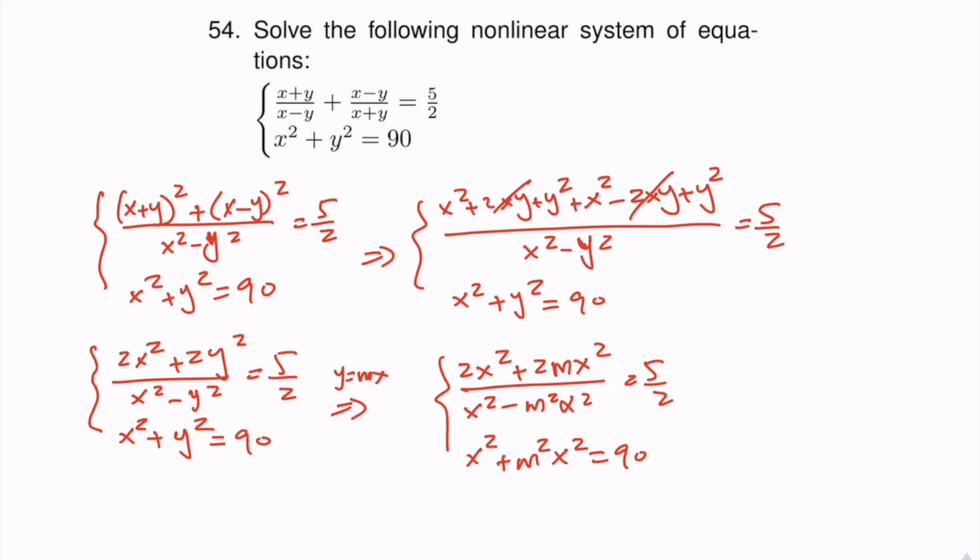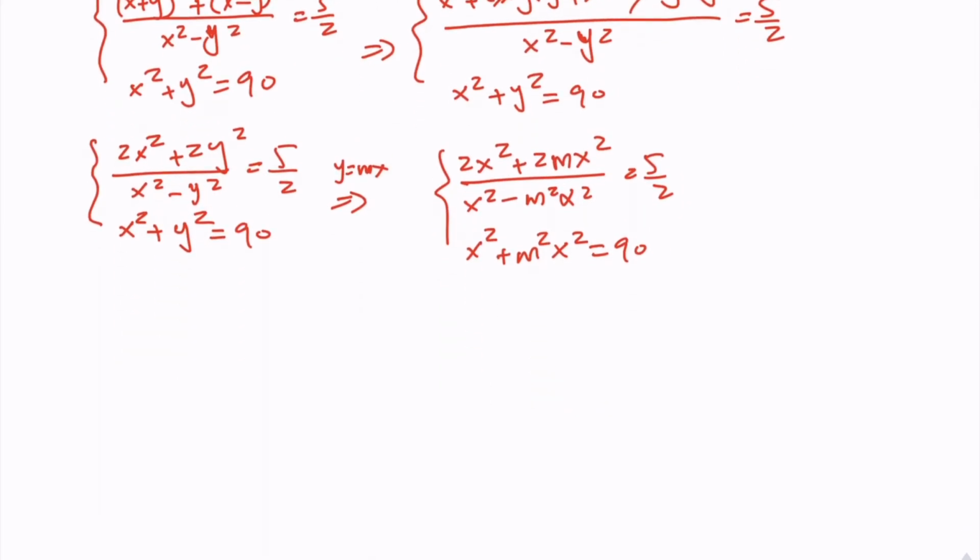So we can see that we can find m from the first equation, which is in fact interesting because the value of m will not depend on the second equation here. So let's continue the simplification and see how it will go. So we get 2 plus 2m squared, this is actually m squared, divided by 1 minus m squared is 5/2.